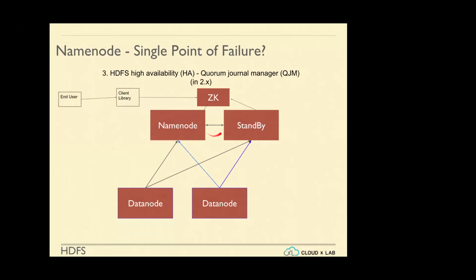In Hadoop 2, the HDFS that came with Hadoop 2 had this functionality of creating a highly available name node. Okay, how does it work?